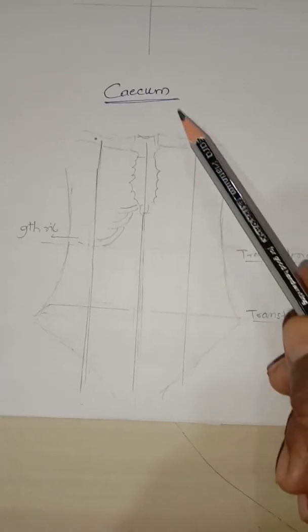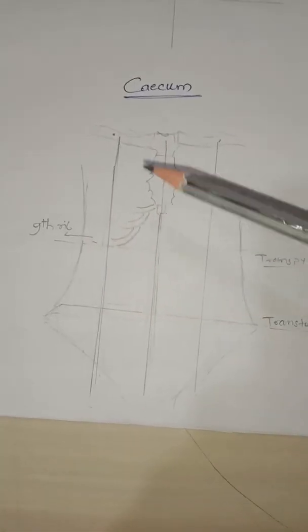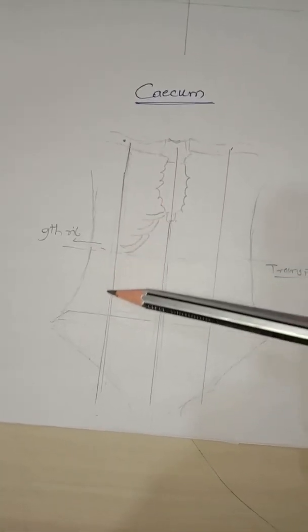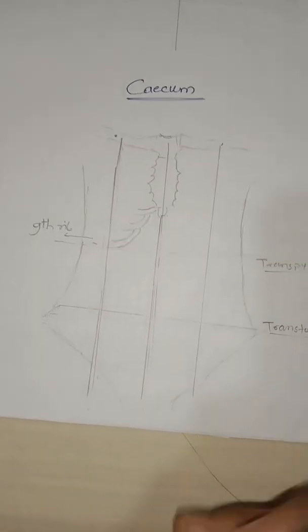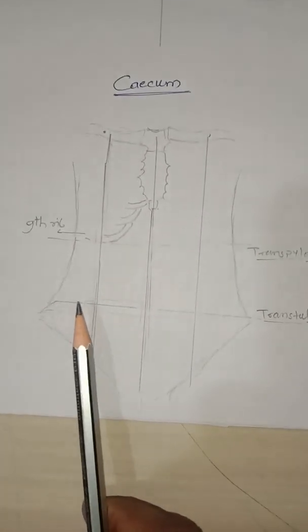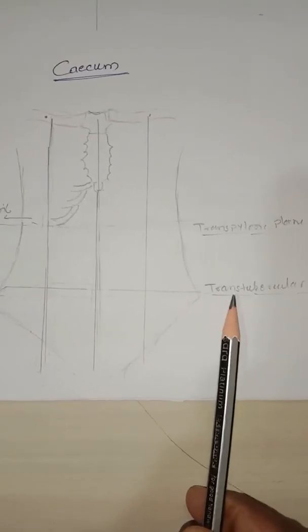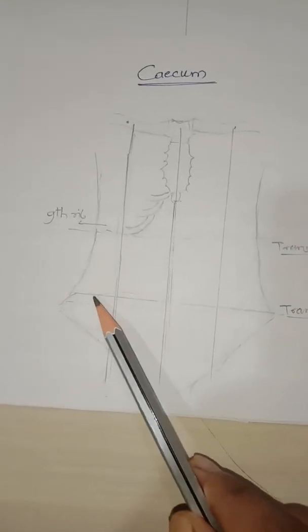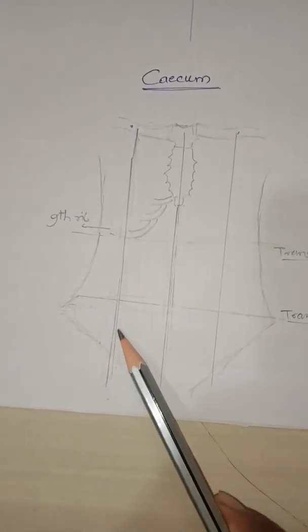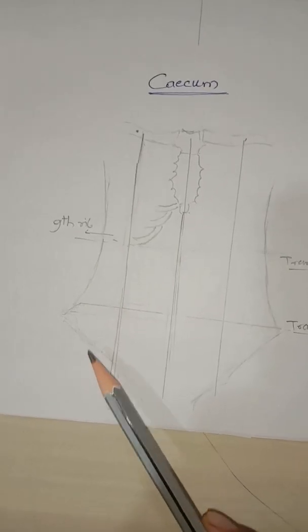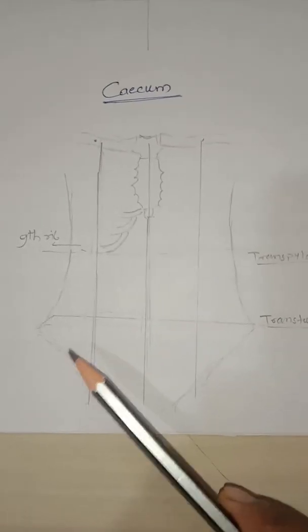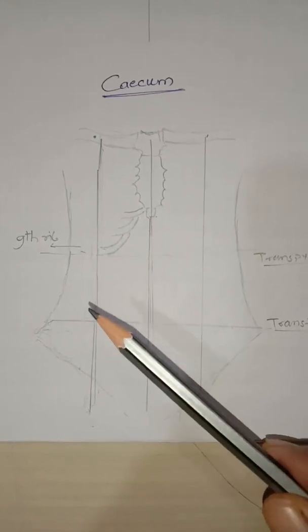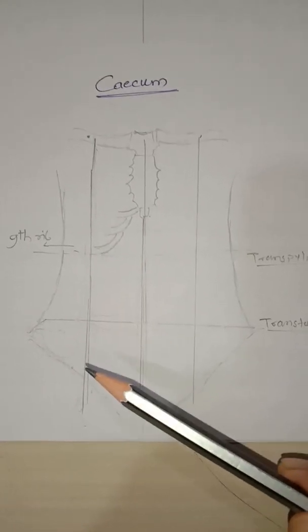So to draw the cecum you should draw the right lateral plane, or midclavicular line, and the transtubercular line or plane. So this forms a triangular part, called the right iliac fossa, and into this right iliac fossa you should draw the surface anatomy of the cecum.